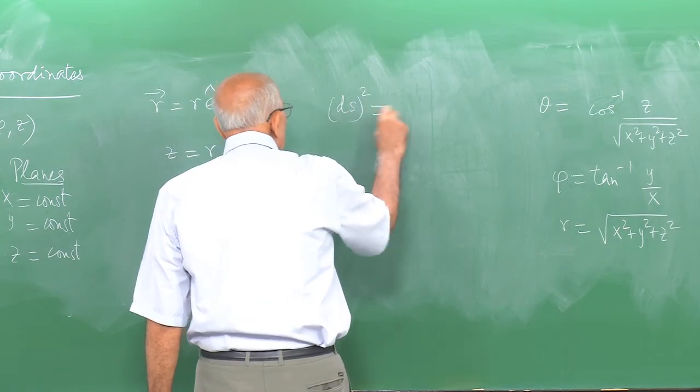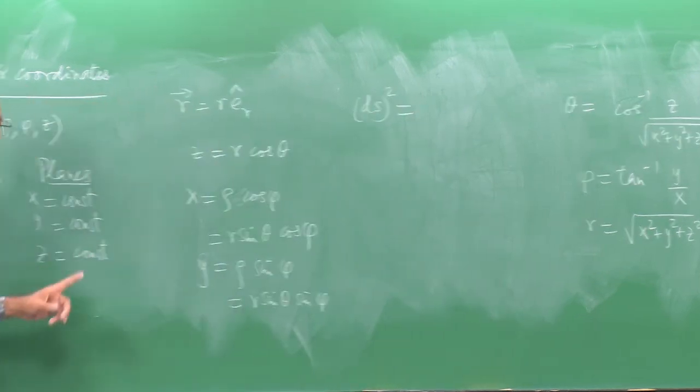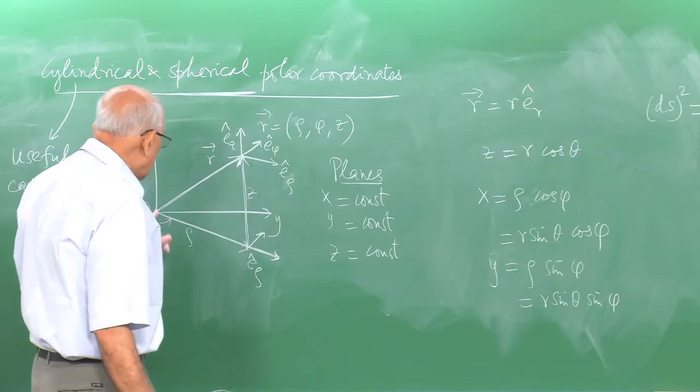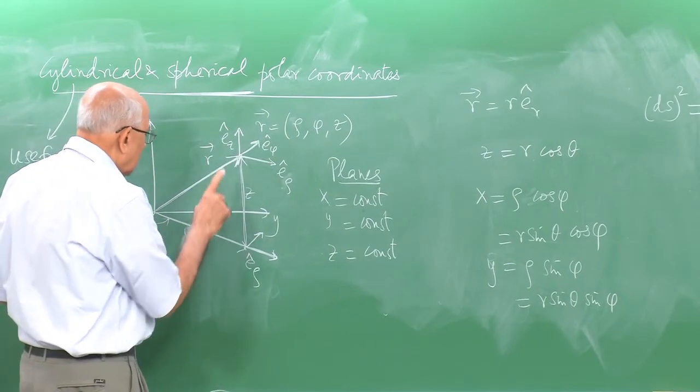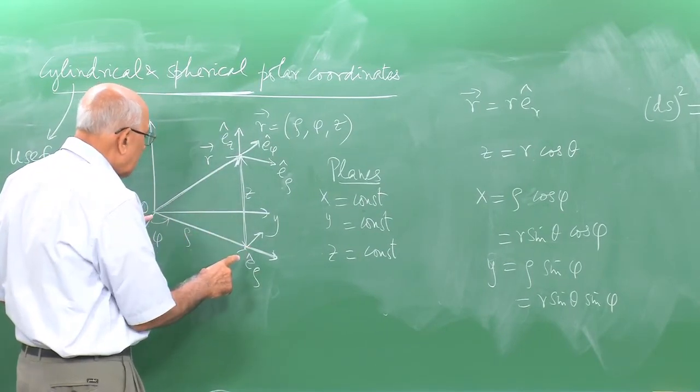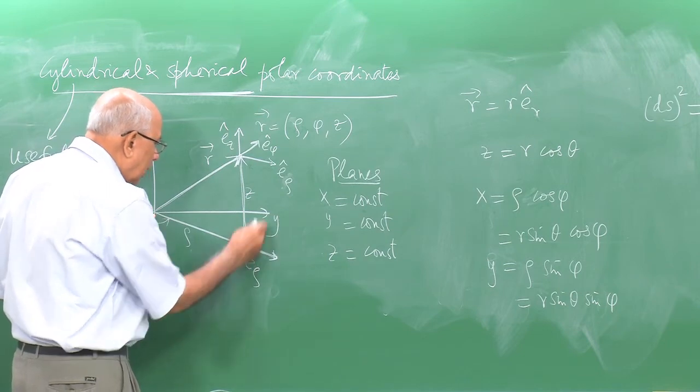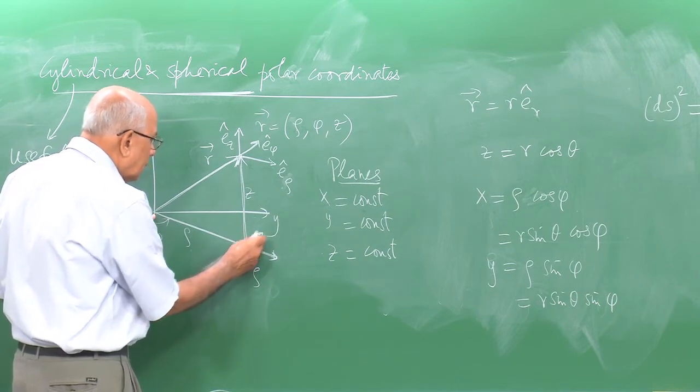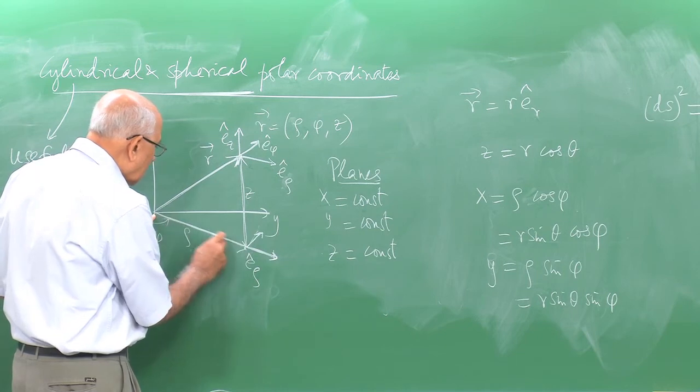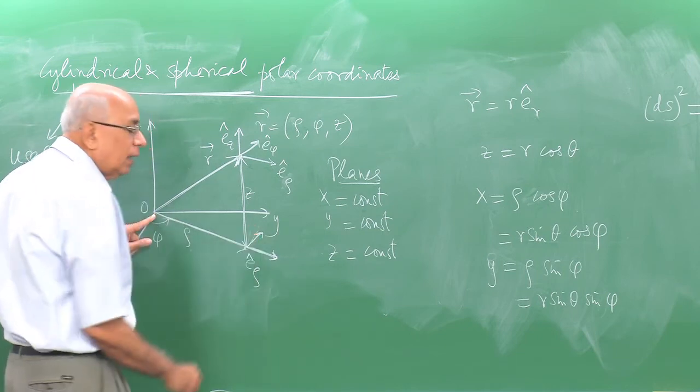is to use the Pythagoras theorem exactly as we did for Cartesian coordinates. So if you keep r constant and theta constant and change phi alone, you increase phi, then the distance you move by is this arc rho d phi.